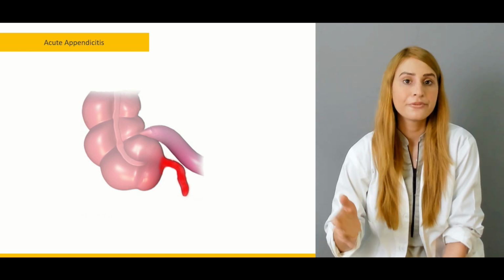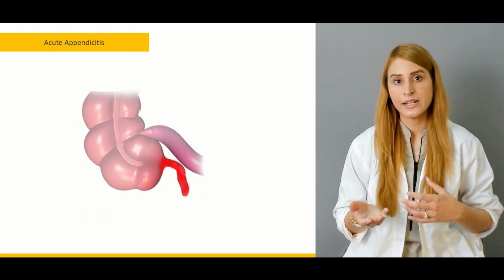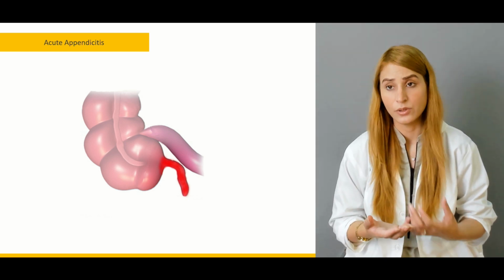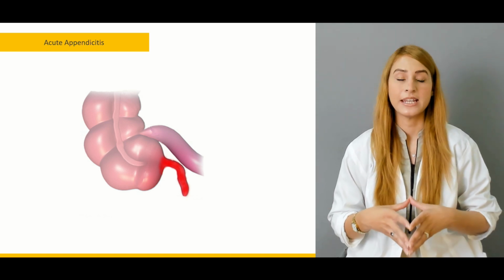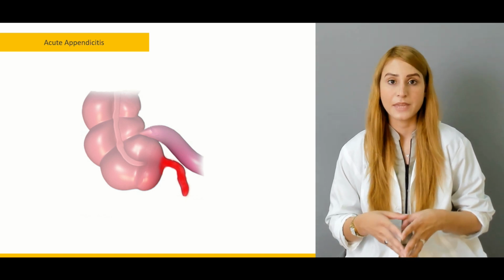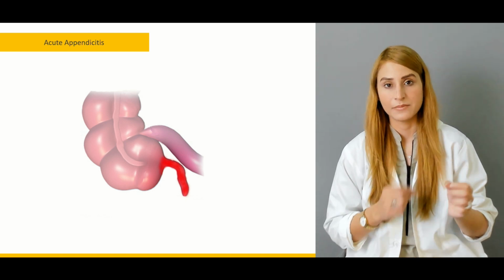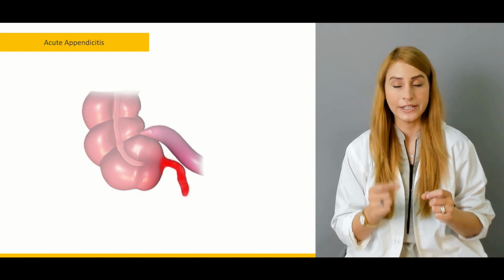There's no proven hypothesis, right? So I'll be sharing some of the theories with you. Some studies suggest that there can be a Faecolith, which is also called an appendicolith. That is basically a small part of the stool that is called a Faecolith.